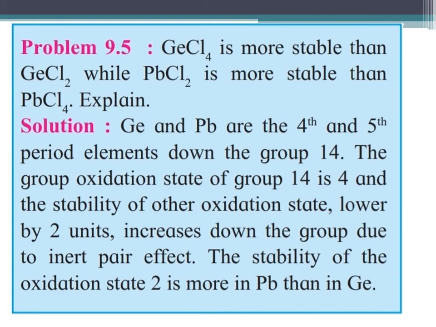Whereas the +2 oxidation state of lead is more stable as compared to the +4 oxidation state of lead. And that is why germanium tetrachloride is more stable than germanium dichloride, and lead dichloride is more stable than lead tetrachloride.